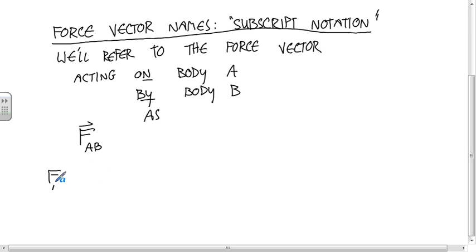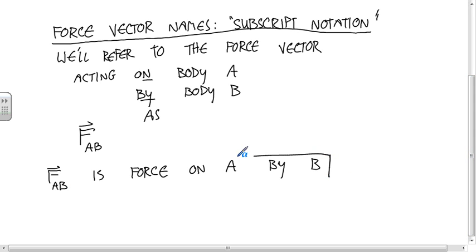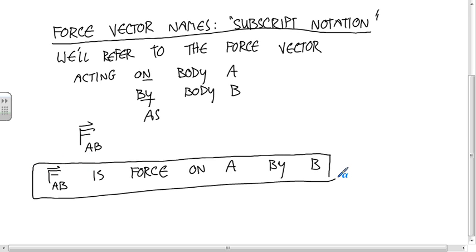So FAB, in other words, is the force on A by B. Okay, so this is going to be a key thing.